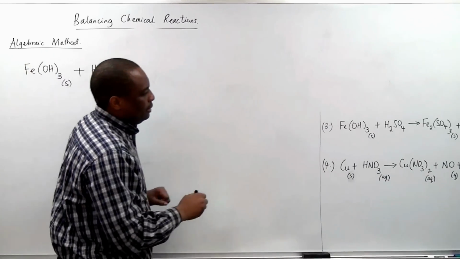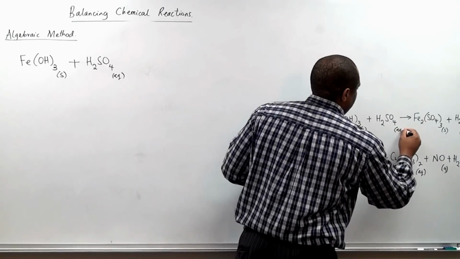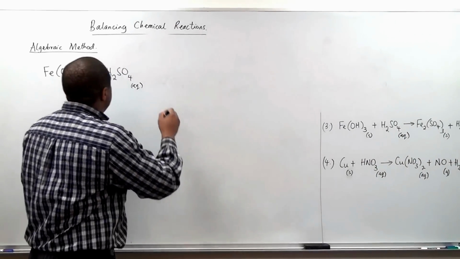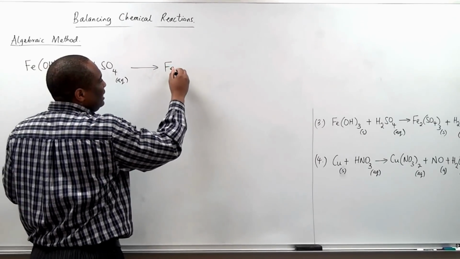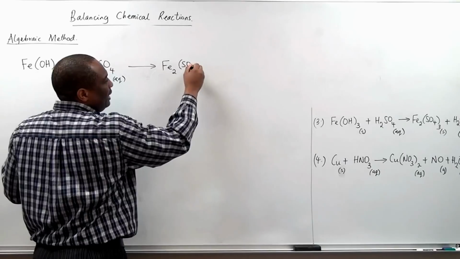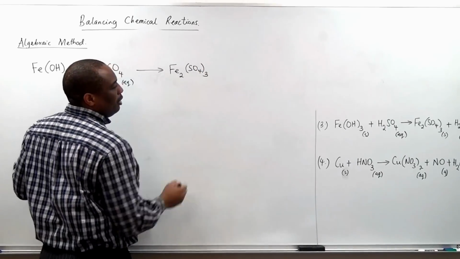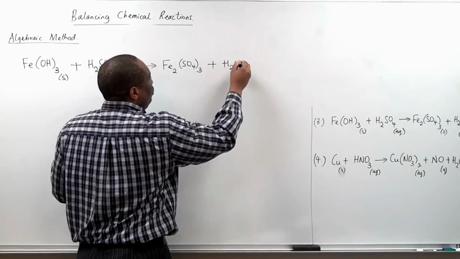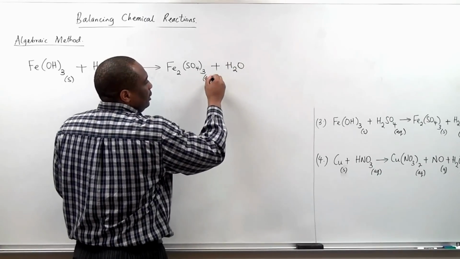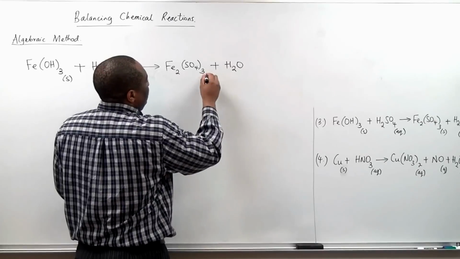That is an aqueous solution, to give you iron sulfate. Iron sulfate is the old name. The IUPAC name is iron 3 tetraoxosulfate 6 and water, liquid water. So this is solid and then liquid water.